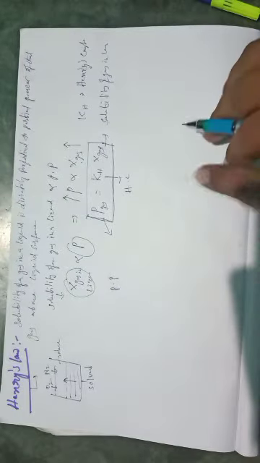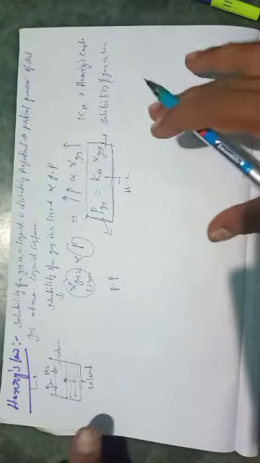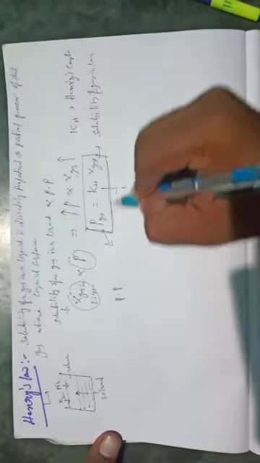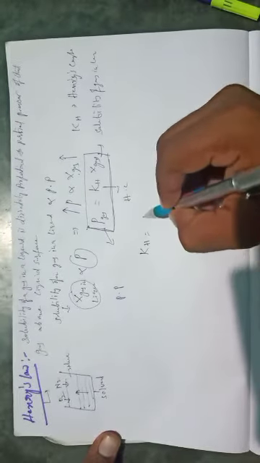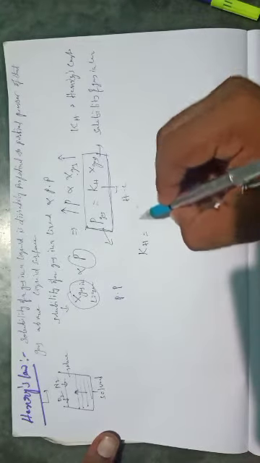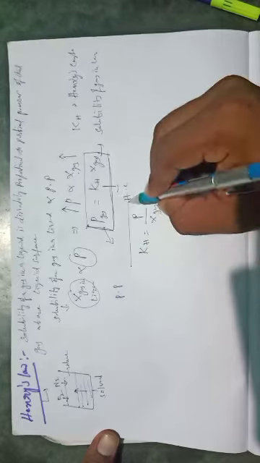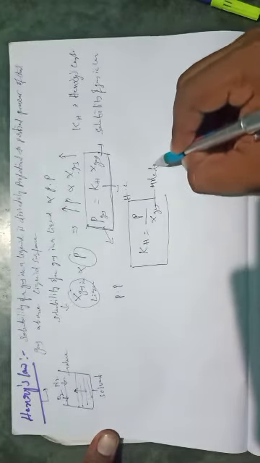Next, in this formula we get kH equal to the partial pressure divided by X, where X means mole fraction.